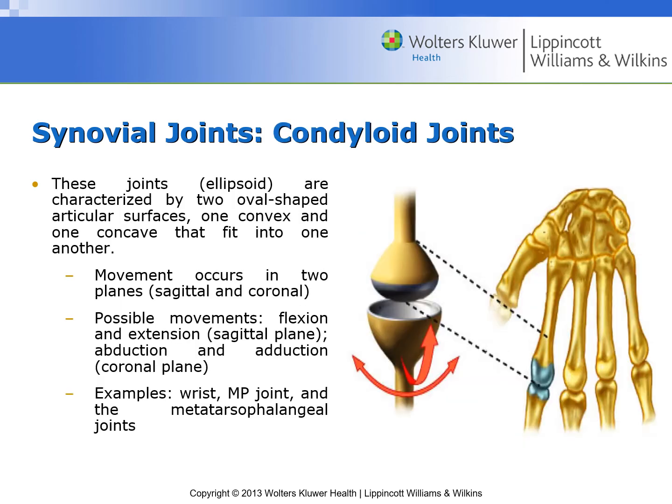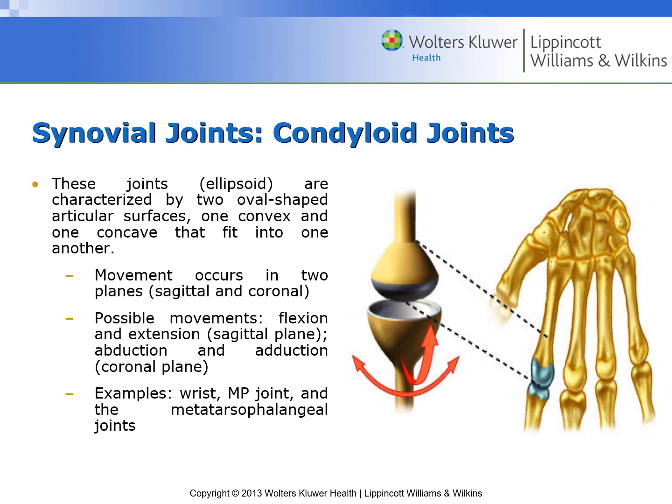The next type of synovial joint that we will consider is the condyloid joint. These joints, which are also referred to as ellipsoid joints, are characterized by two oval-shaped articular surfaces, one convex and one concave, that fit into one another. The movement occurs in two planes, the sagittal and the coronal.